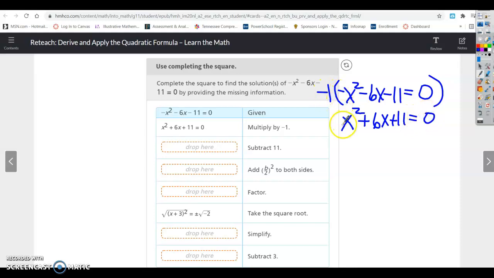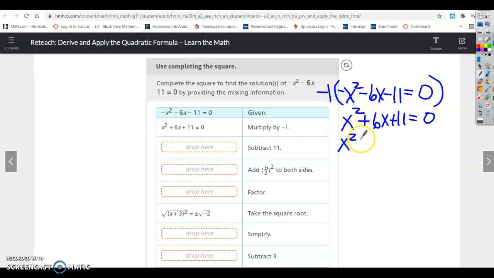Negative times a negative becomes positive, and anything times 0 is still 0. So all we did was multiply by negative 1. Now we need to subtract 11, because when we complete the square, we want to make this left side a perfect square trinomial.